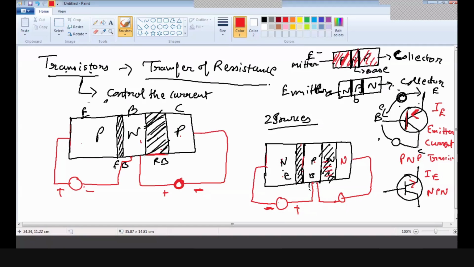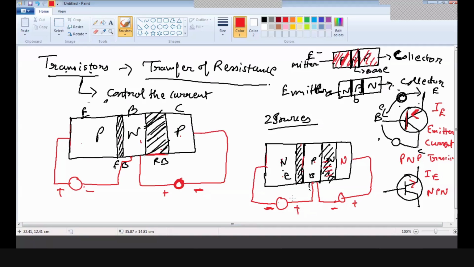So here I will connect negative and positive, right? Understood? Understood, students?